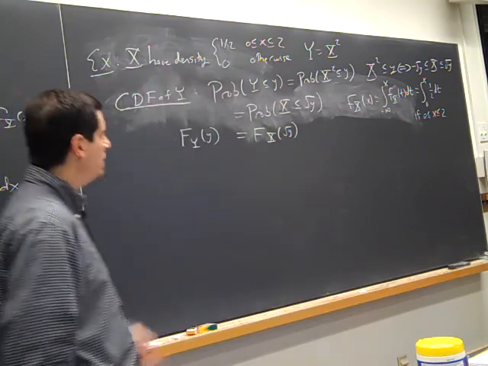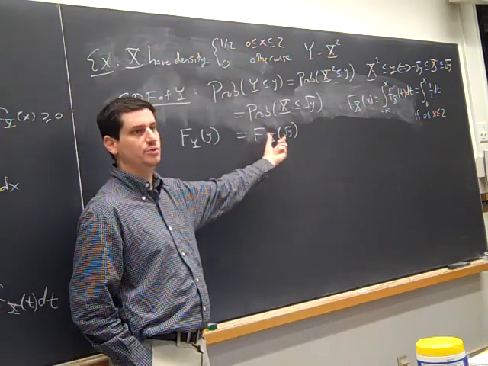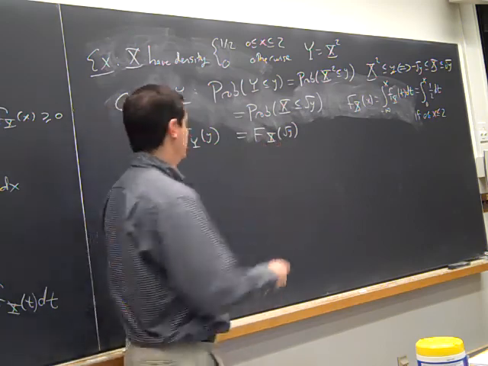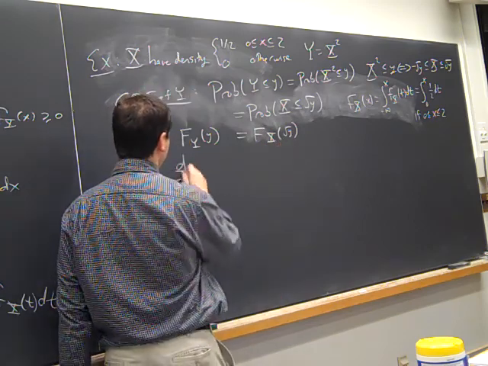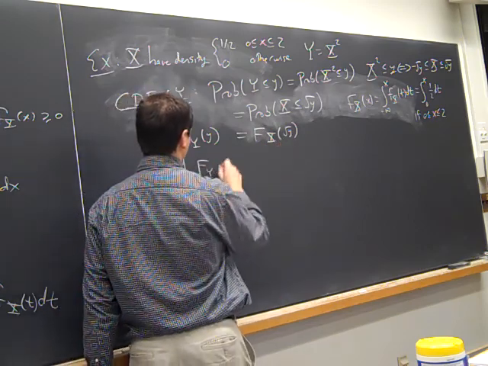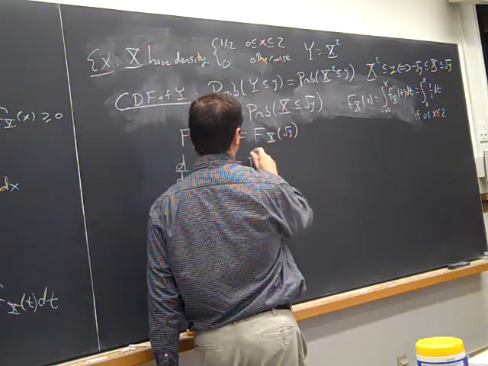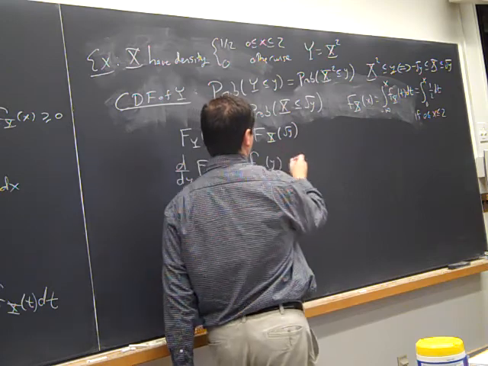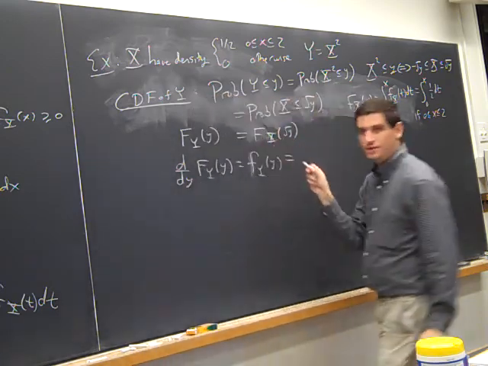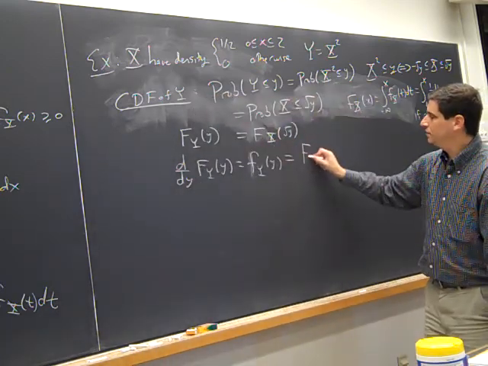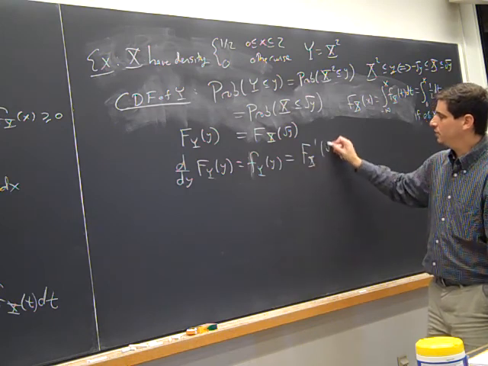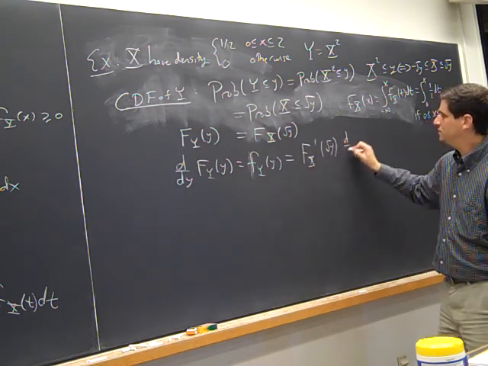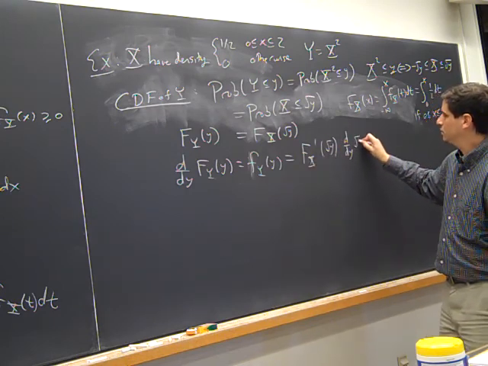All right, now, how would I take the derivative of this? What do I have to use? Chain rule. So I'm going to write it very slowly. d by dy of Fy of y is going to be the PDF of y. And now when I take the derivative of this by the chain rule, I get the derivative here, evaluated at square root of y, times the derivative with respect to y of square root of y.